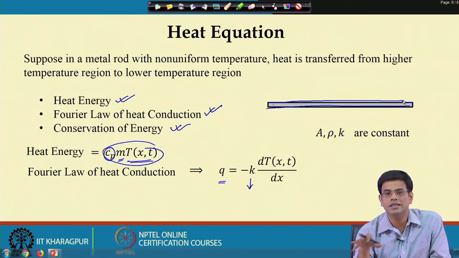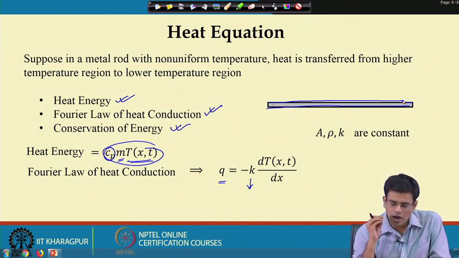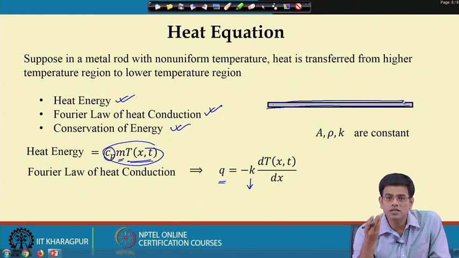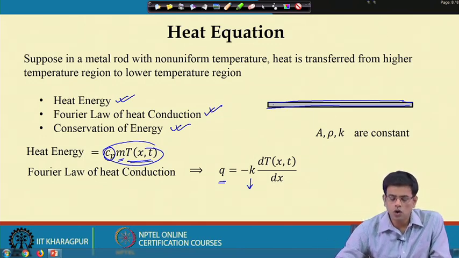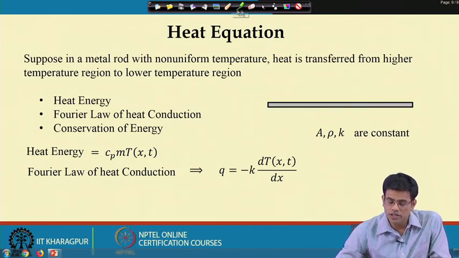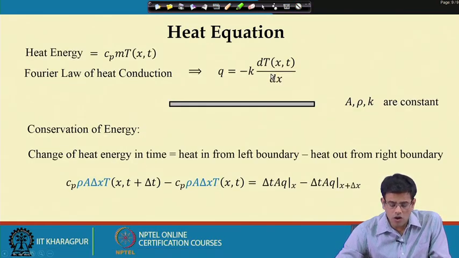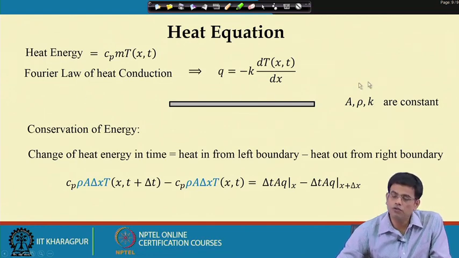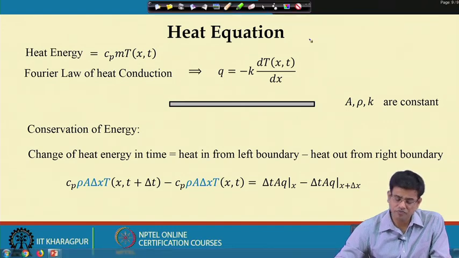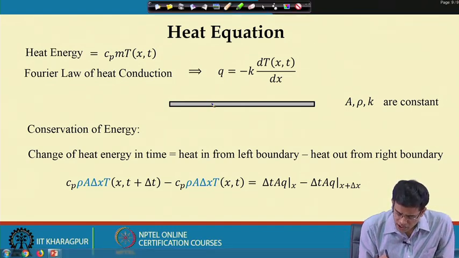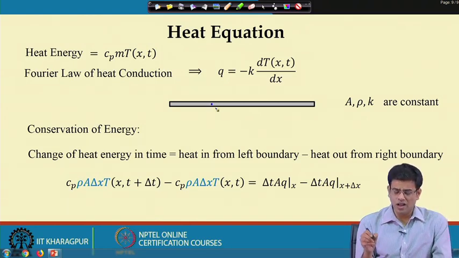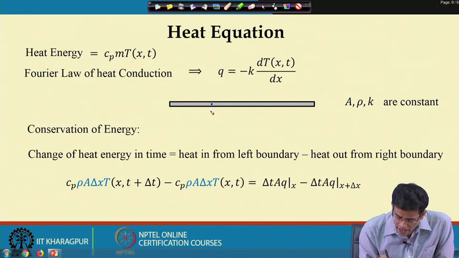We will not discuss all those actual cases in detail here, but rather a more simplified way of deriving the heat equation, which is very commonly used. Now, we have the heat energy and Fourier heat conduction. Now, conservation of energy. Suppose I consider a point here, x, and at a certain distance delta x, it is x plus delta x.